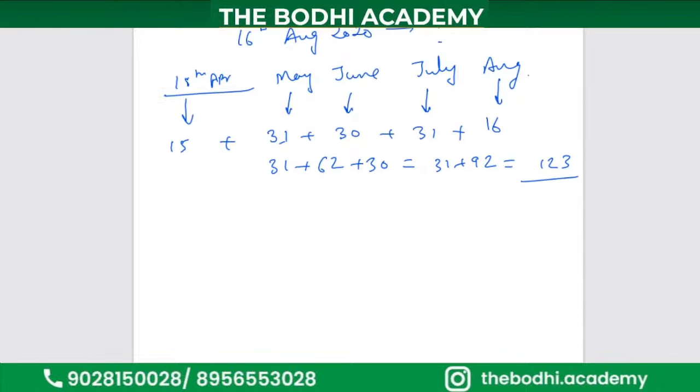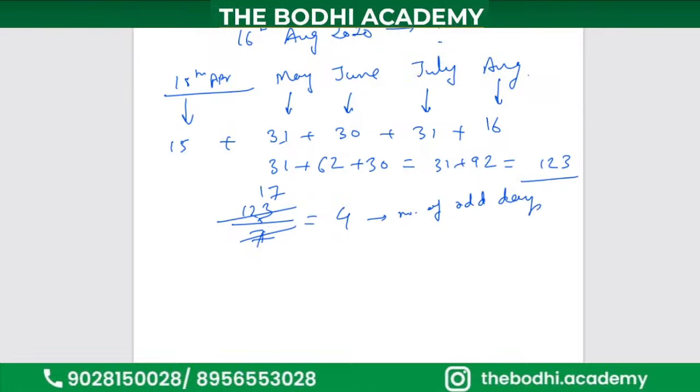Now, we have to divide 123 by 7 because the number of days in a week is always 7. So, what do we get? 7 1 is 7. Carry over 5. 7 7 is 49. So, the remainder will be 4. 4 is the remainder, so 4 is the number of odd days.